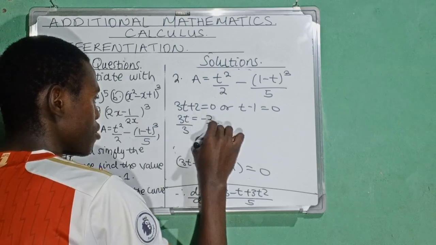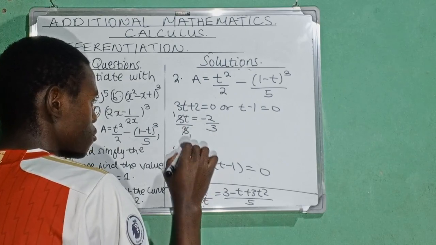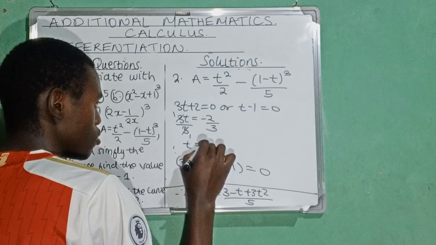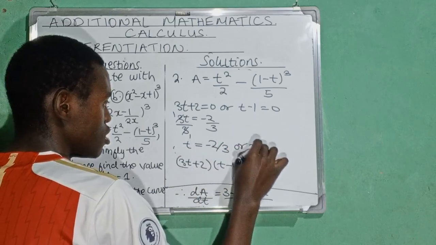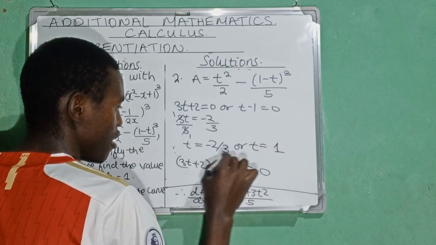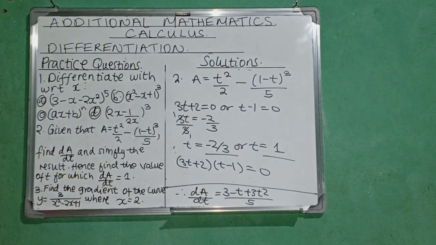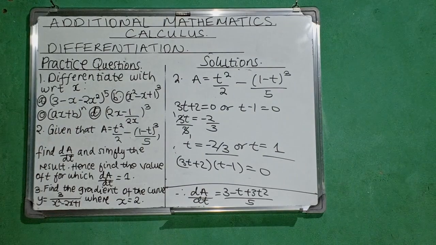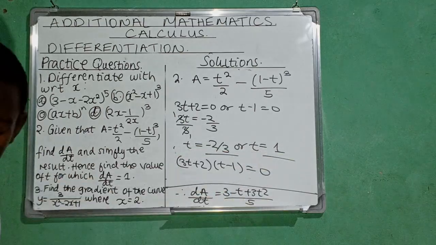Divide both sides by 3. Your final answer will be t is equal to -2/3, or t is equal to 1. So they said hence find the value of t for which dA/dt is equal to 1. t is equal to -2/3, or t is equal to 1.